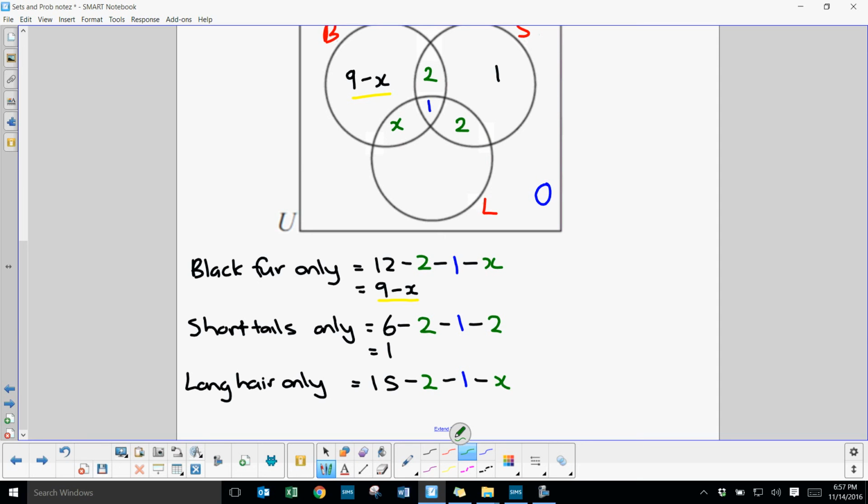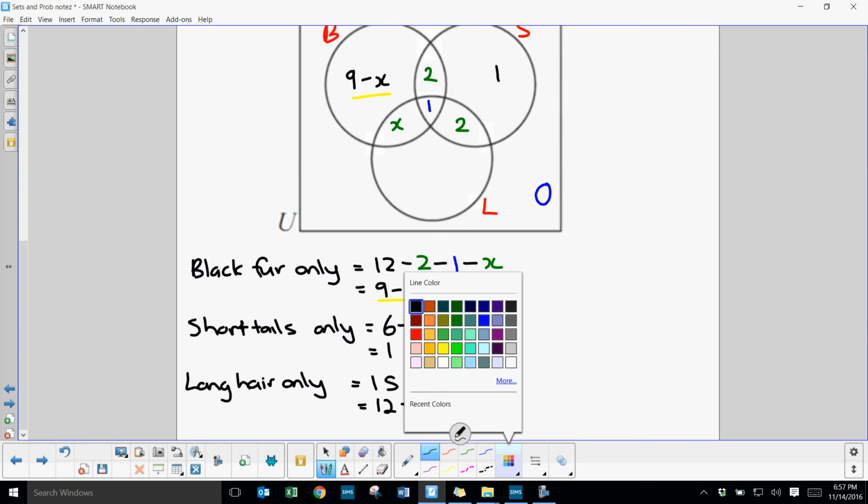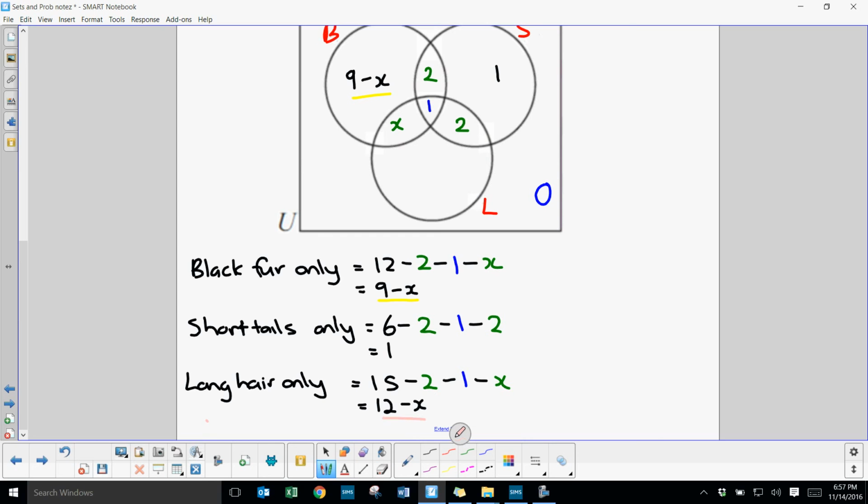So 15 minus 2 minus 1, you probably realize already, gives you 12, and then there's minus x. Let's maybe make that a nice salmon bar. So 12 minus x goes down here. You don't need to underline them, I'm just trying to color code, and I don't have that many nice colors to write with that come up well on video.